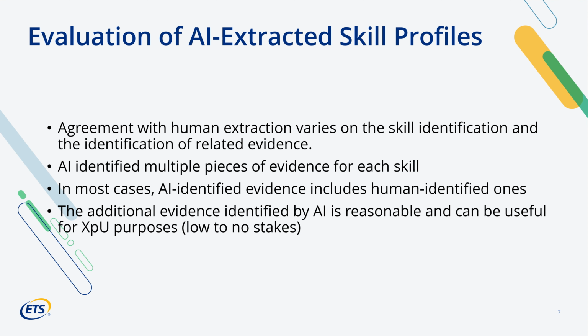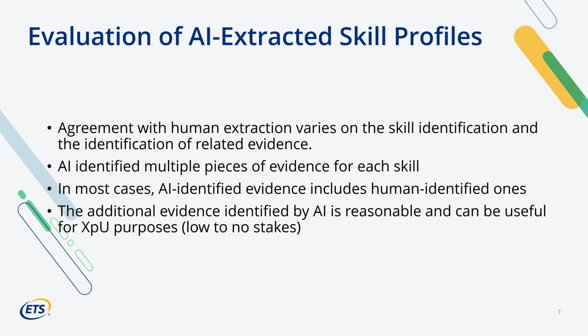In terms of the evaluation of the AI extracted skills profile, we evaluate the agreement between the machine extracted skills and the identified evidence against those from the skills experts at ETS.